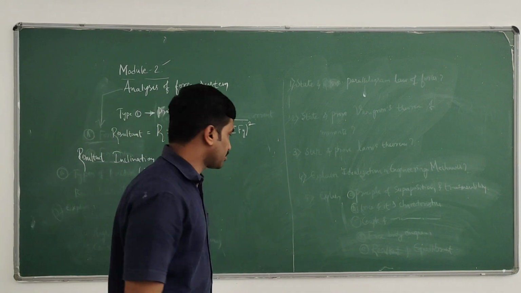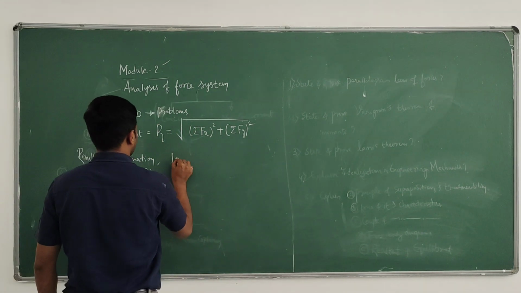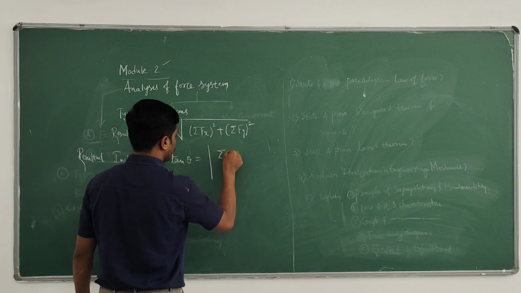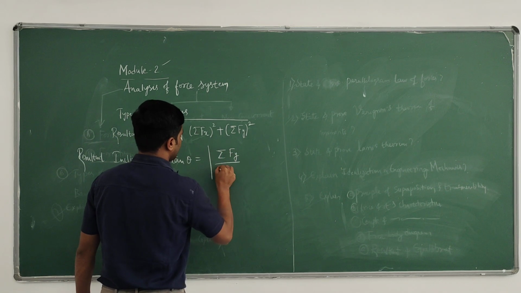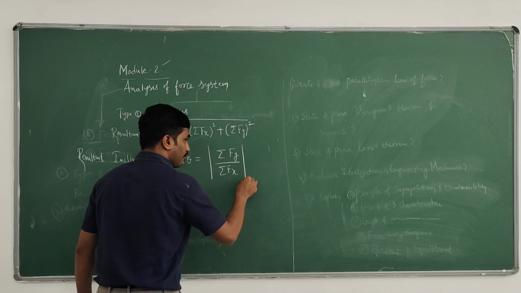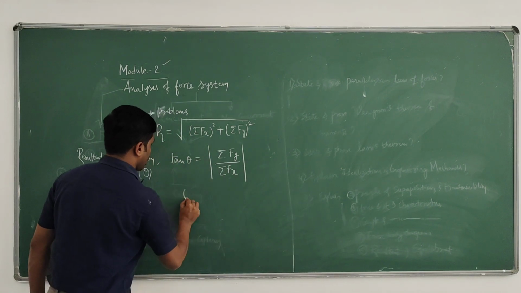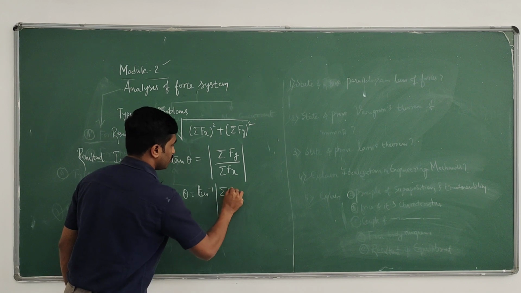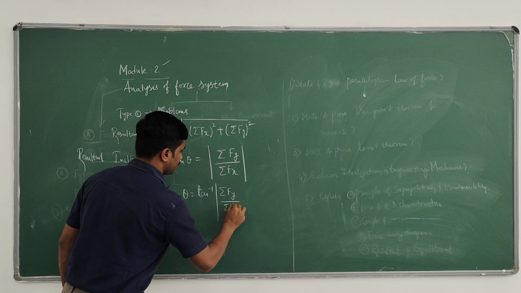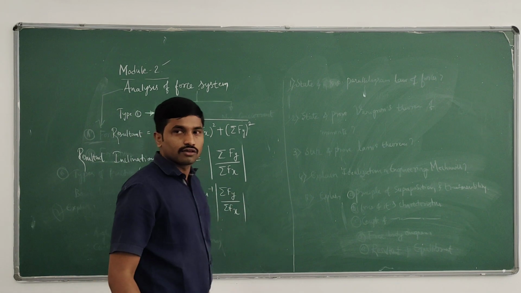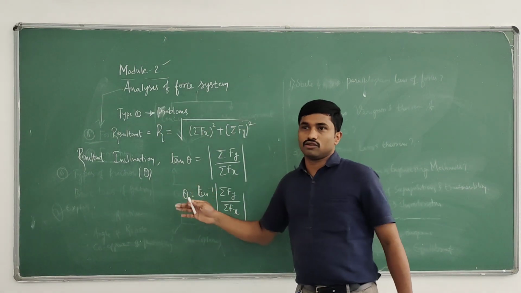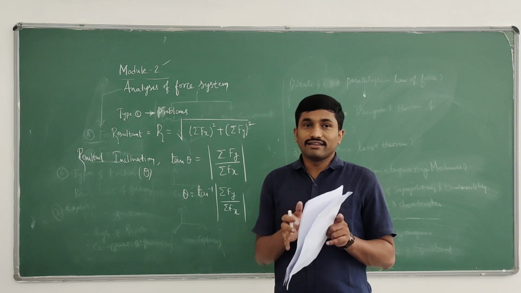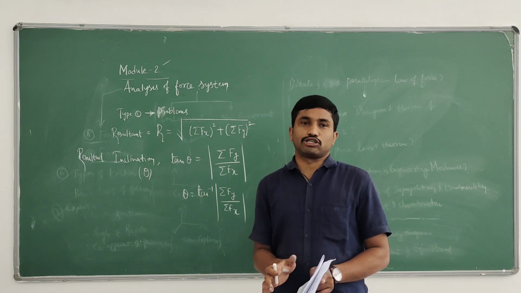Tan theta equals the magnitude of sigma fy divided by sigma fx, or theta equals tan inverse of the magnitude of sigma fy by sigma fx. In this case, you are expected to solve a direct problem: find the resultant and its inclination.